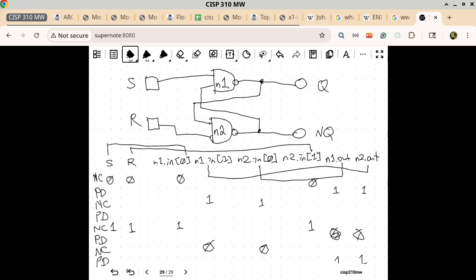Now we do not have a steady state. This particular configuration of the circuit will never arrive at a steady state. It is now becoming an oscillator. The output would basically just alternate between 0, 0 and 1, 1 for eternity.